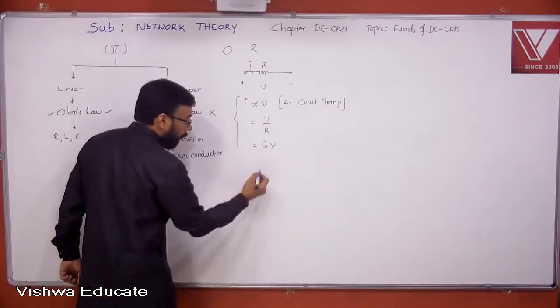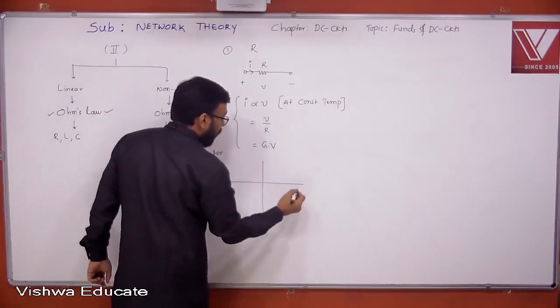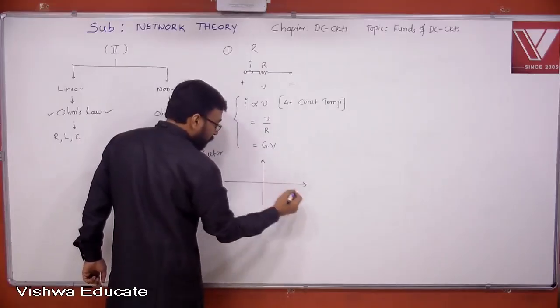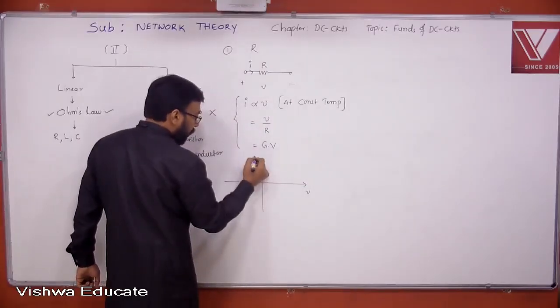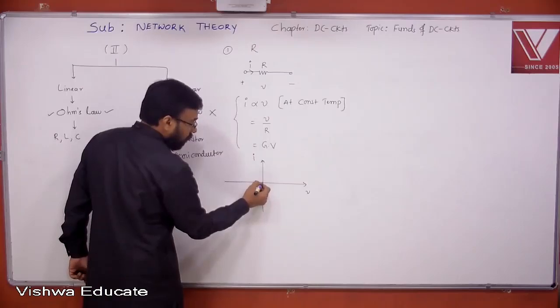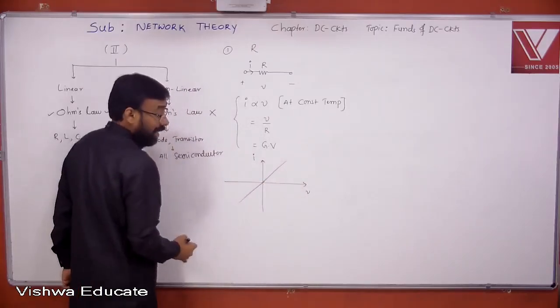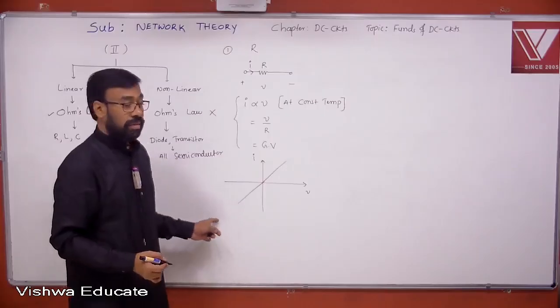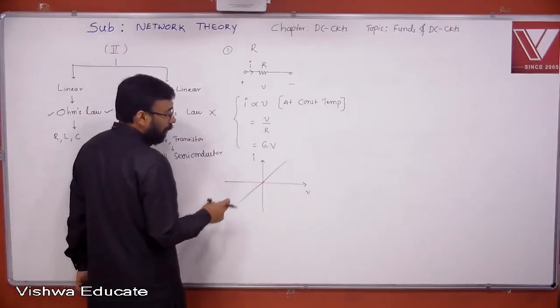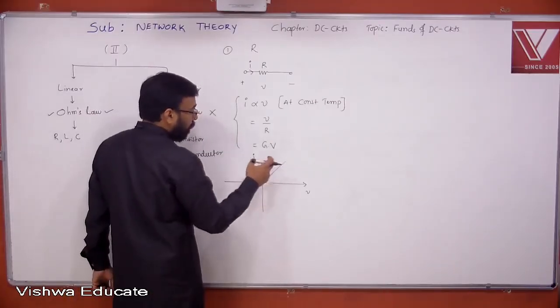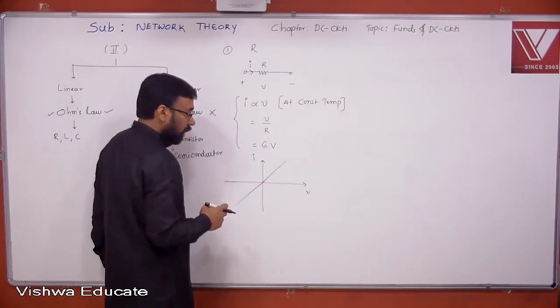And if you draw the characteristics, V-I, a line passing through the origin, both in the first quadrant as well as the third quadrant.